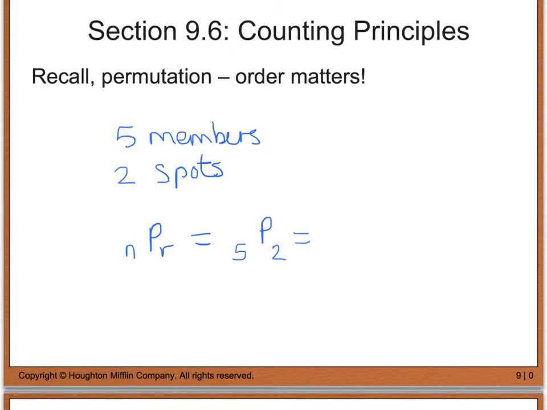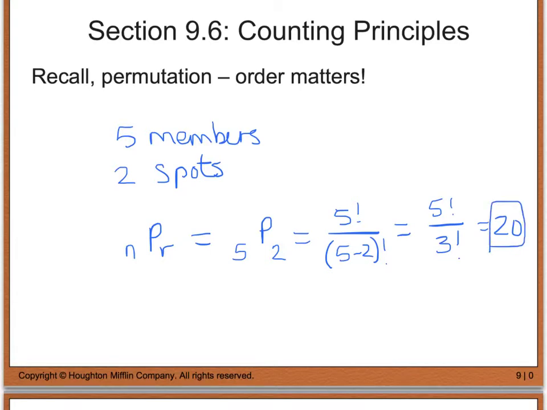So to solve this, I can plug that into n factorial, which becomes 5 factorial, divided by 5 minus 2 factorial, and this gives me 5 factorial divided by 3 factorial, which is also equal to 20.